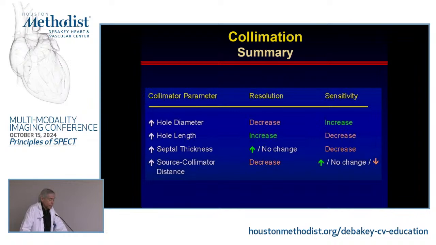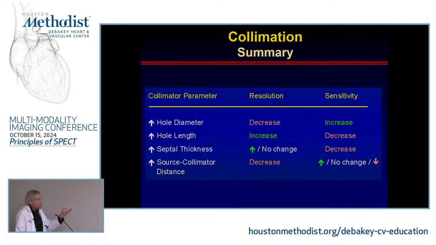So think about it this way: as you increase hole diameter, you decrease resolution, but you increase the amount of photons that can get through, so you increase sensitivity. If you increase hole length, you increase resolution and you decrease sensitivity, okay?